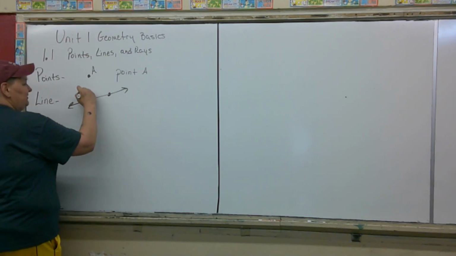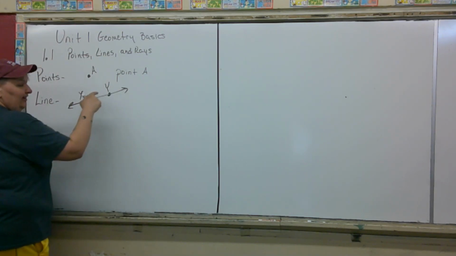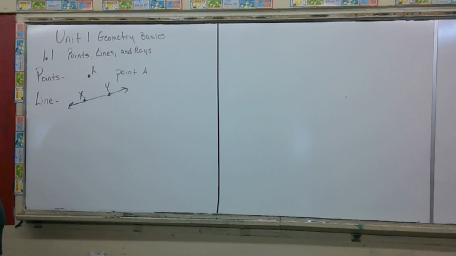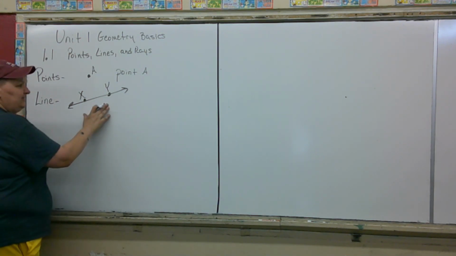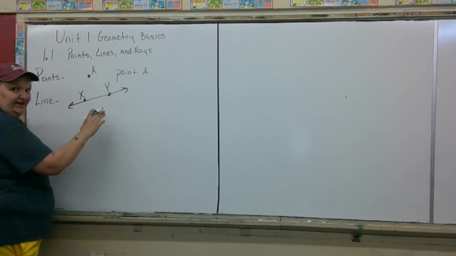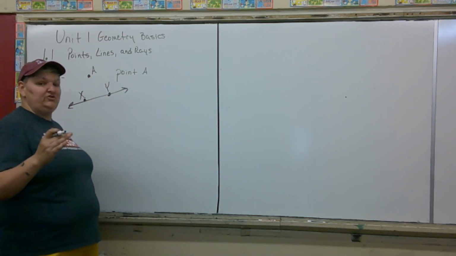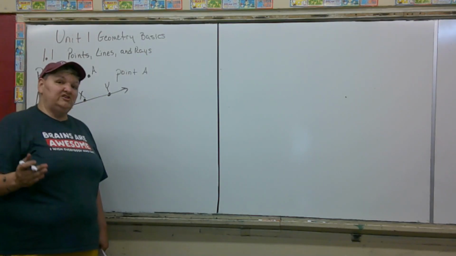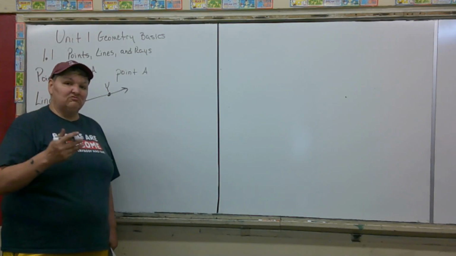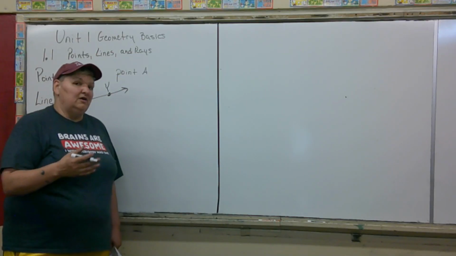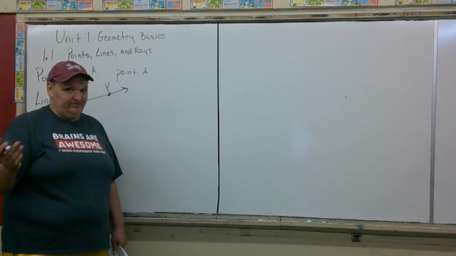Alright, let's label these. Capital letters. When you want to tell me this is the line you're talking about, there's several different ways you can do it. You need to know all of them so that you can recognize them when you see them. But you only need to use one of them.